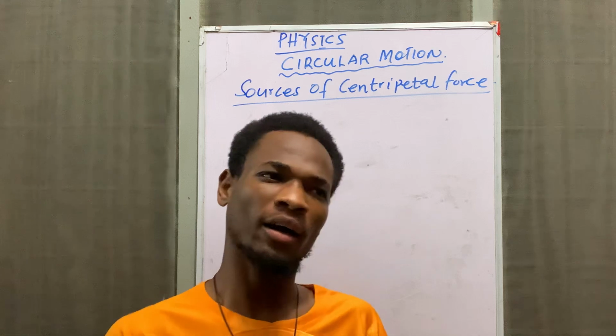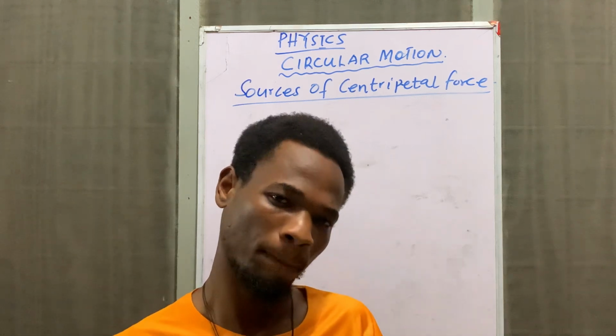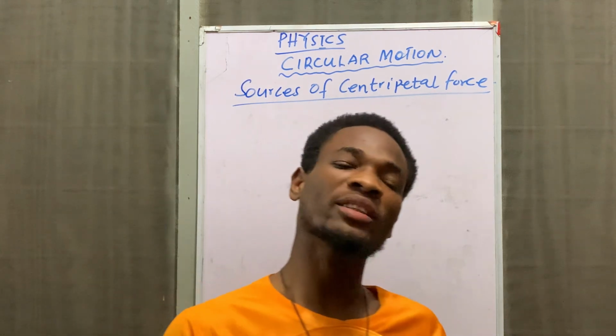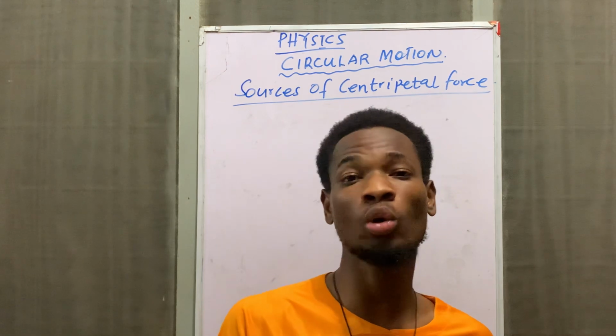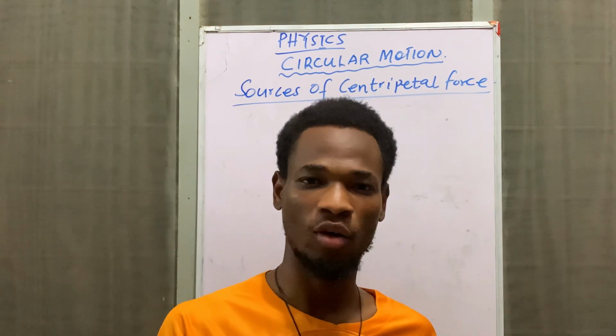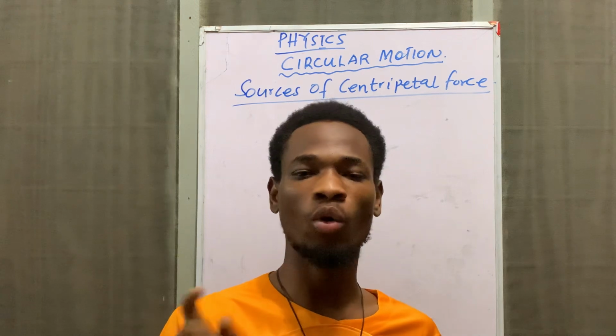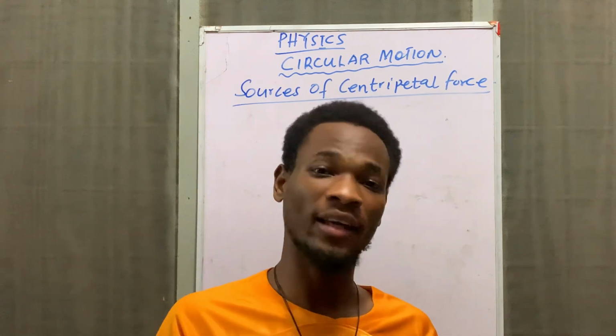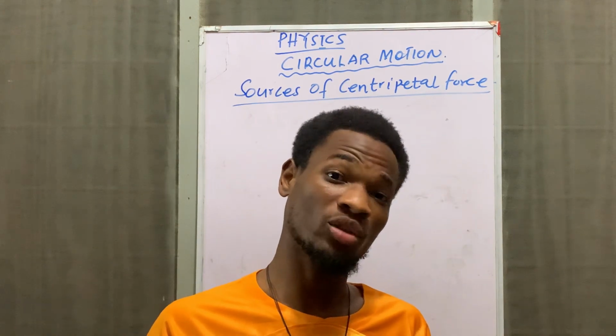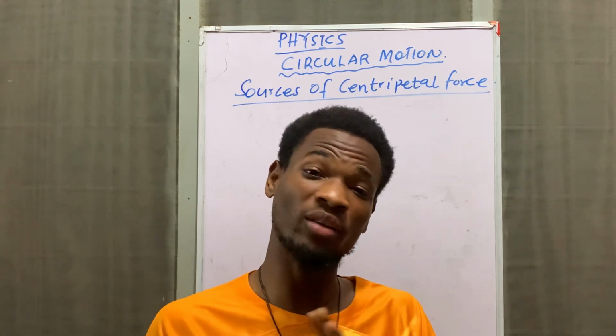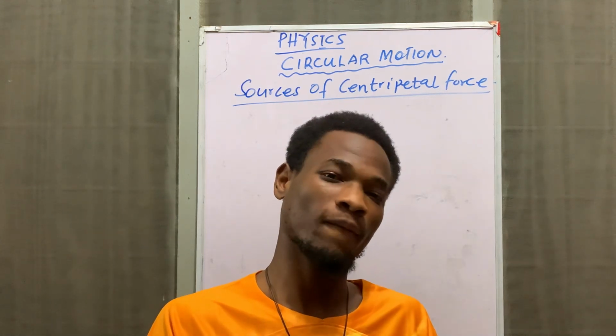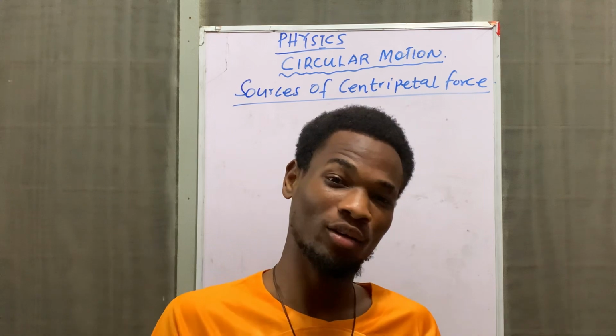Let's take this example. Let's consider a stone tied to a string or a thread while in a circle. Clearly, that's an example where the stone will perform circular motion.